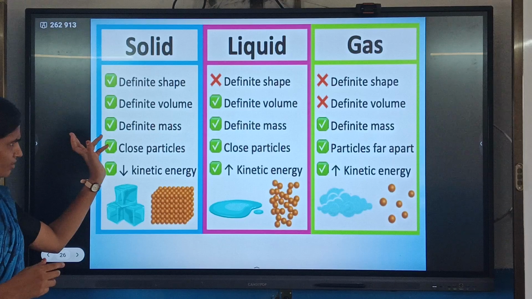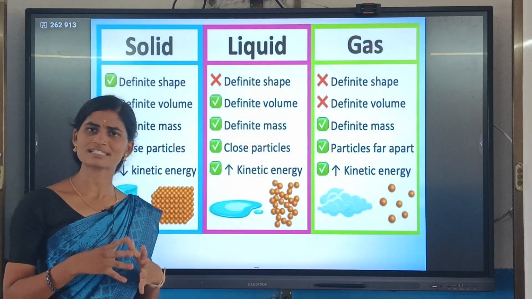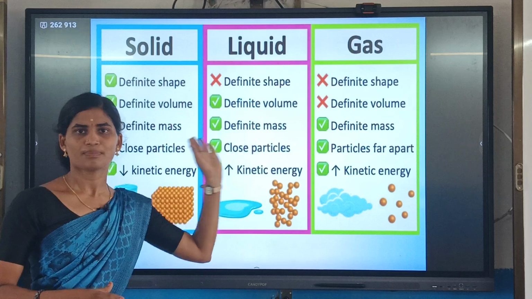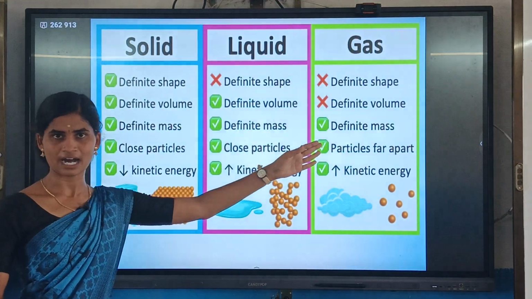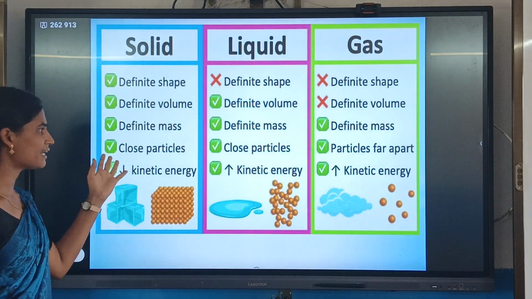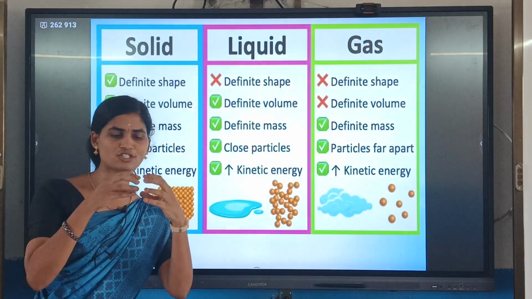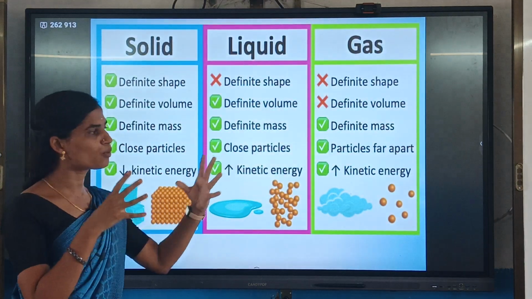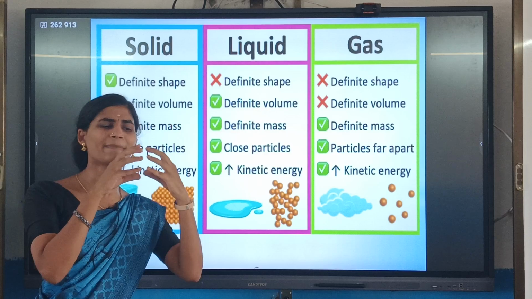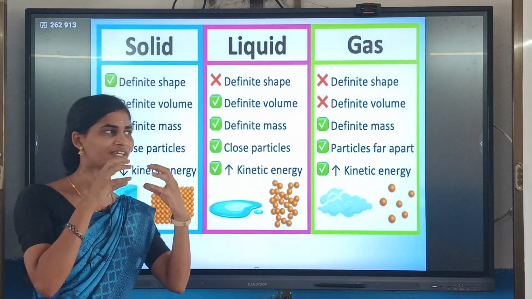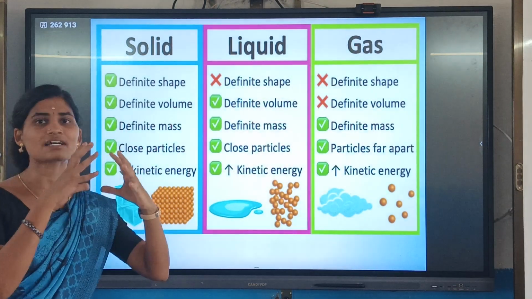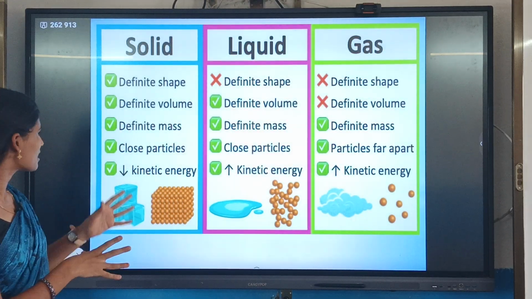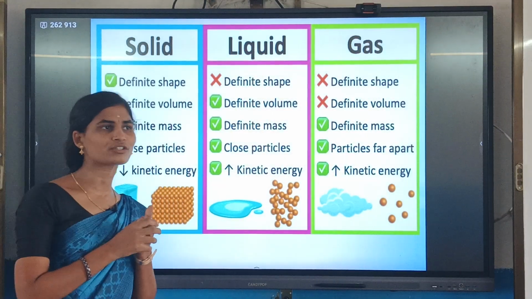All matter in the universe has mass. So solid, liquid and gas all have a definite mass. And then we know about the particles. In a solid, the particles are closely packed. In a liquid, they are also closely packed but have some space between them. The particles are far apart in a gas, randomly moving like this. And what about kinetic energy?